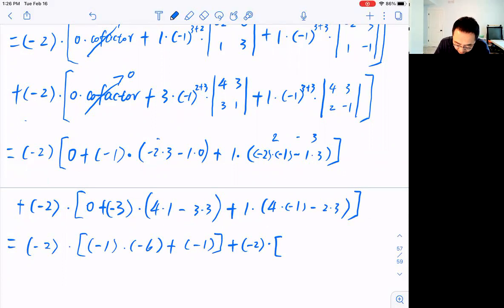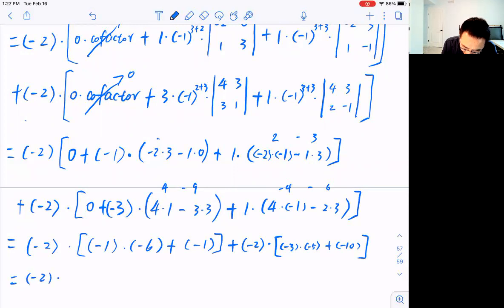The second term is -3 times 4 minus 9, so that gives you -5, so you have -3 times -5, plus here is -4 minus 6, so that's going to give you -10, so that is -2 times -1 times -6 is +6. +6 minus 1, that gives you 5, but we'll leave it that way for now.